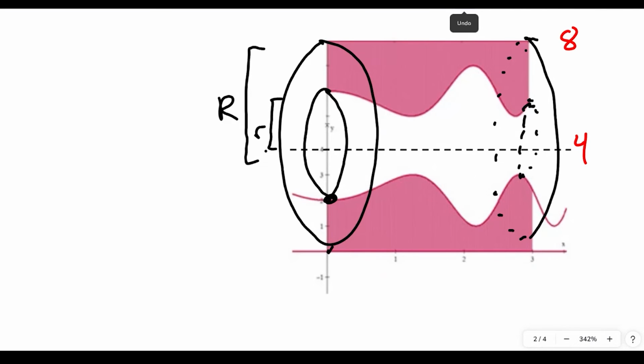The radius is the distance between the axis of symmetry and the function. So for instance, we're looking for this as the little radius here. Now we know the distance between 0 and that function is the function itself. From here to here, can you see that okay?